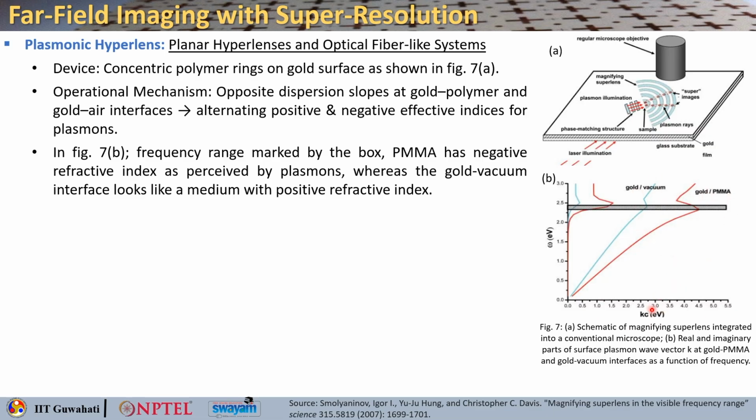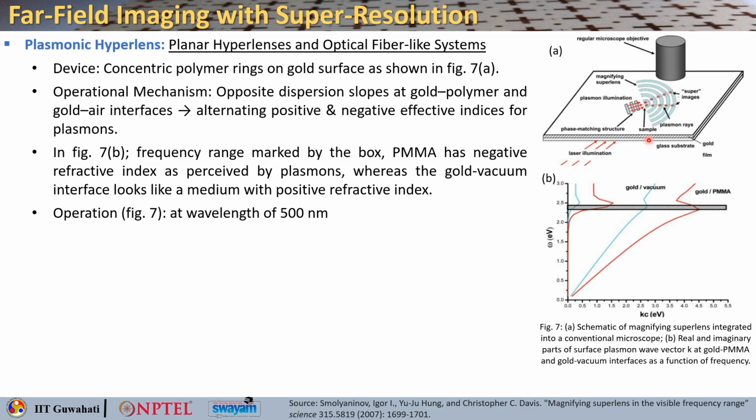So, here you can see the frequencies being marked, okay. PMMA has a negative refractive index, okay, as perceived by the plasmons, whereas the gold-vacuum interface looks like a medium with positive refractive index.